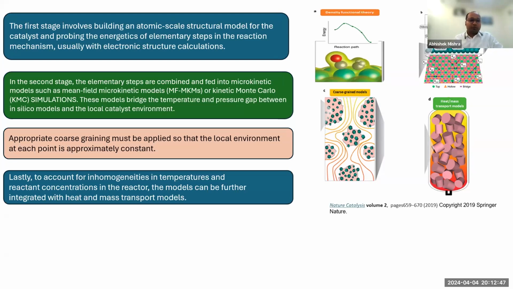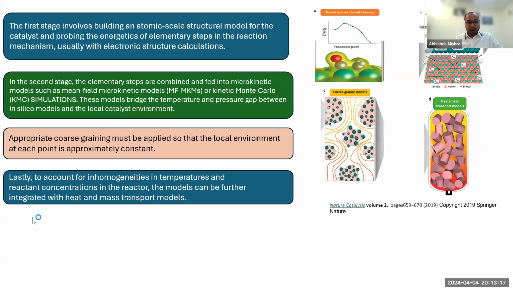Once we have these elementary steps, formation energies, reaction mechanism, and the pathway calculations, you can fit these elementary steps into Monte Carlo simulations. And of course, you have to include the effect of local environment. That's the third step, which is sometimes necessary to predict the accurate scenario in the experimentations.